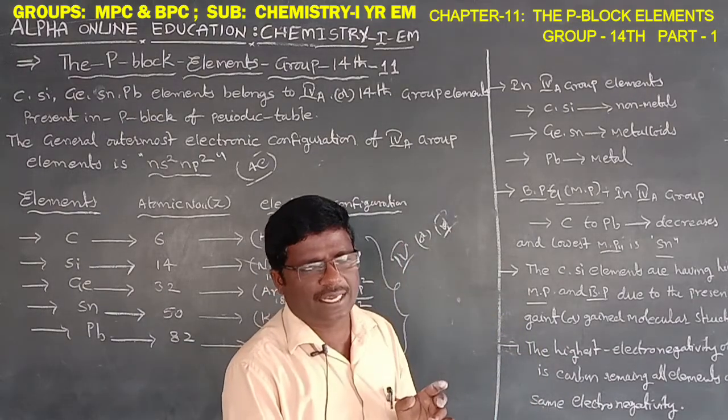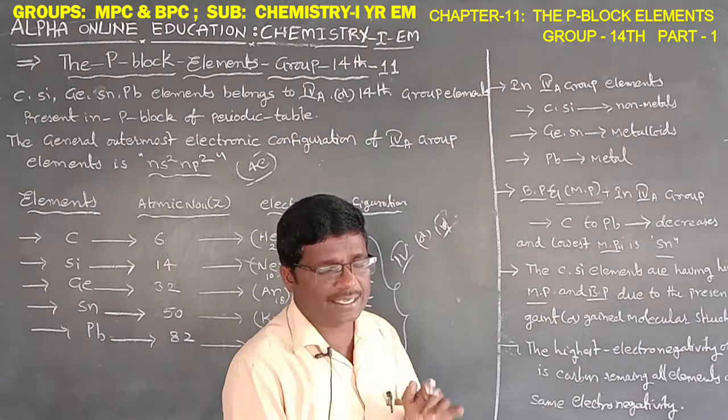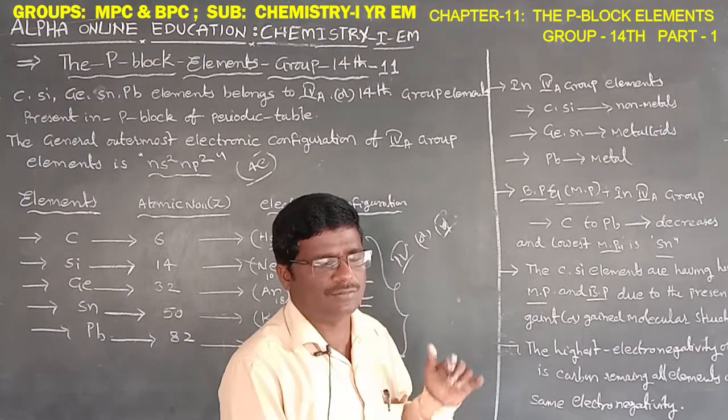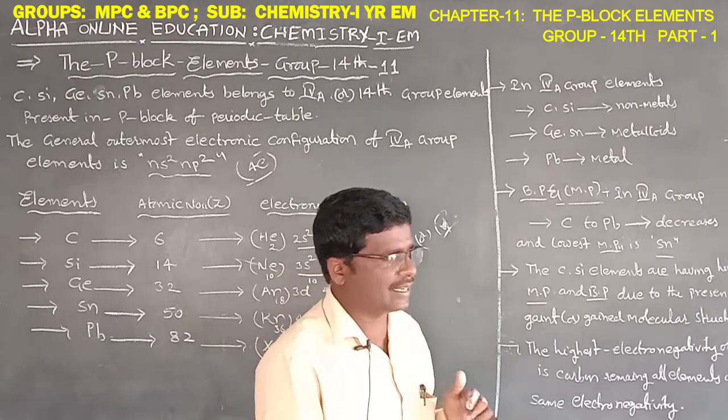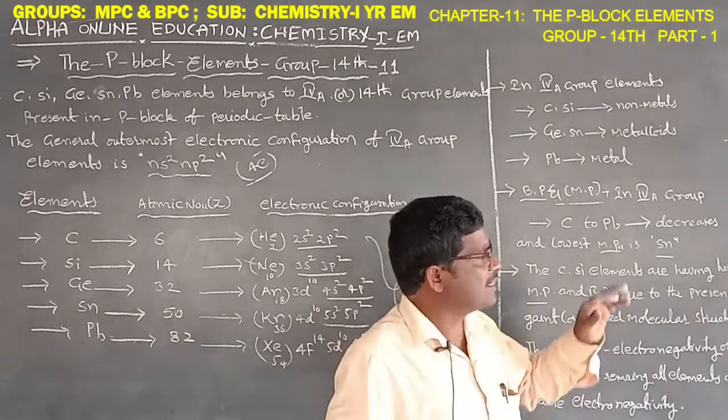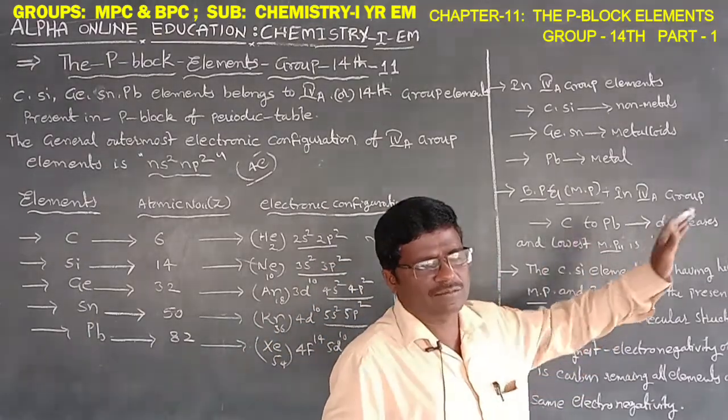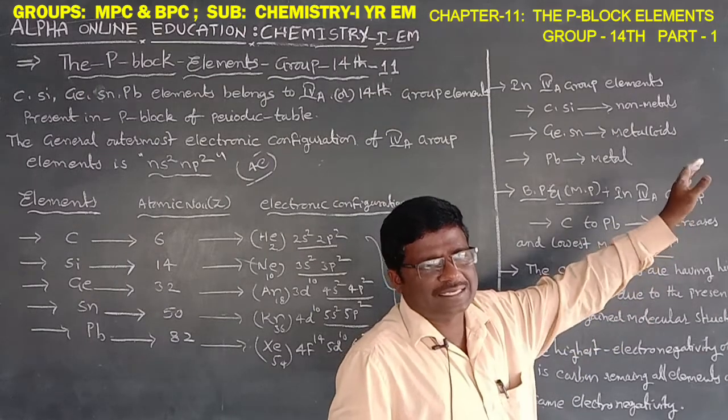In 4th A group elements, carbon has the highest catenation power. Carbon forms long chain systems, with carbon bonded to carbon through 4 bonds.